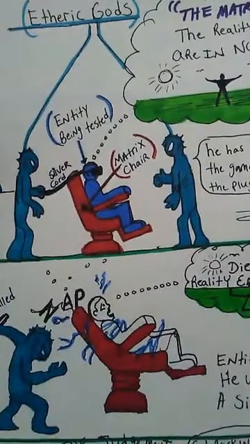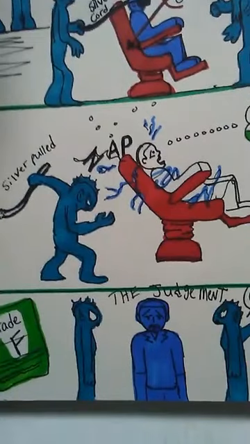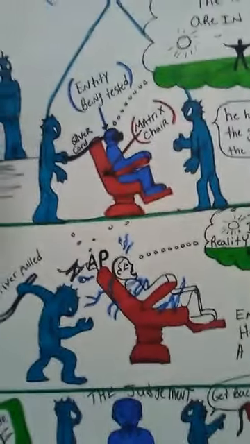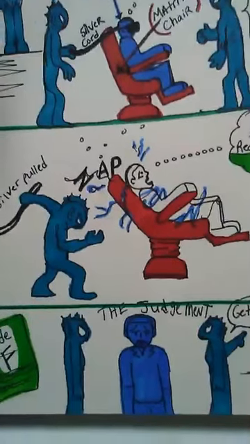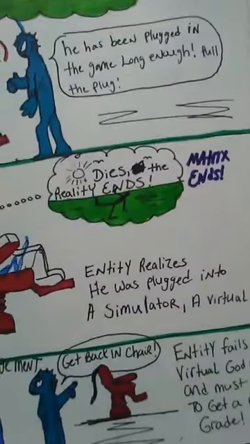They unplug you from the matrix. He takes the silver card out. Actually, when your silver card is clipped, you die. That's why it says he dies in this reality. So when you die in this reality that you're living in, those are the etheric gods pulling the silver card, just like the Bible says in Ecclesiastes chapter 12, verse 6.